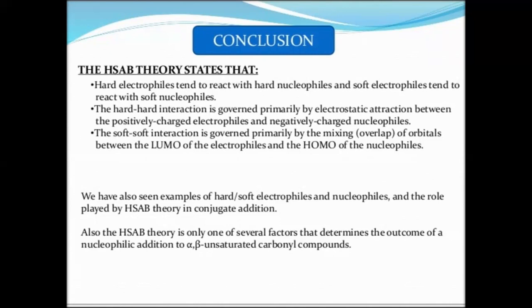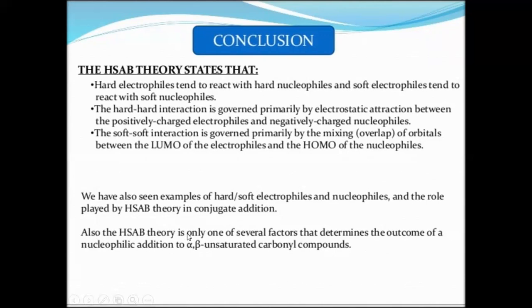We have seen examples of the hard and soft electrophiles and nucleophiles and the role played by the HSAB theory in conjugate addition. So in this conjugate addition, hard of A and hard of B will react properly, soft of A and soft of B react properly, and the stability is maintained.